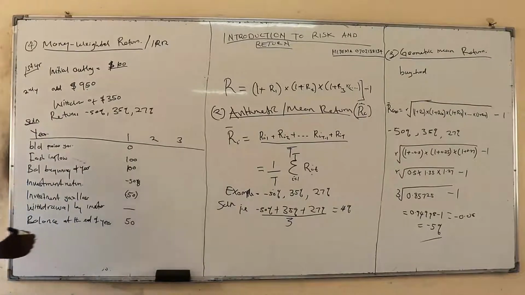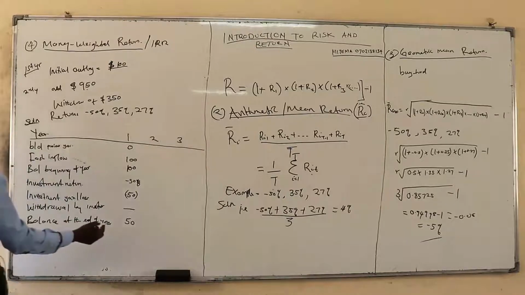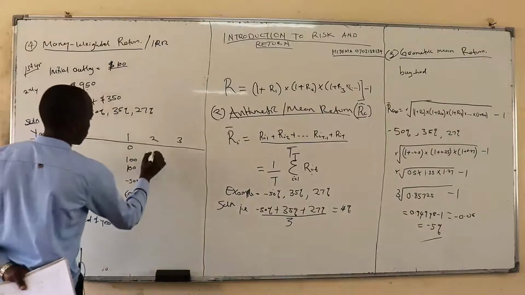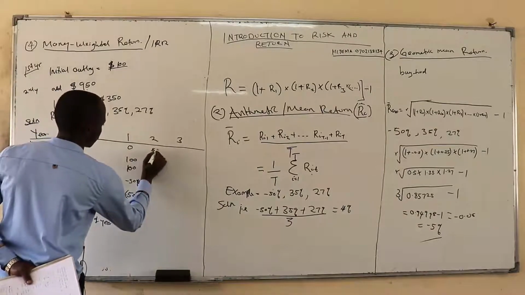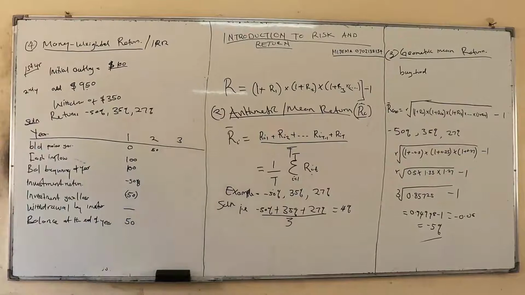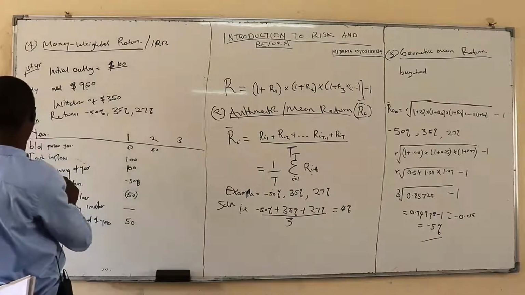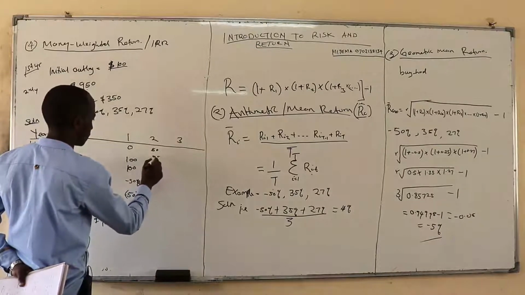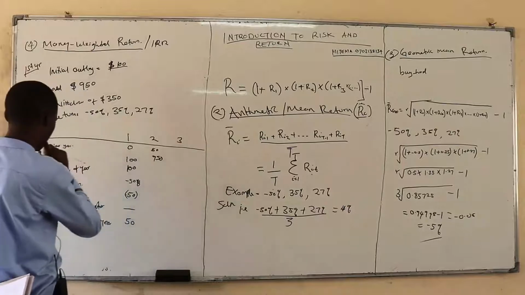When we move to the second year, this 50 will be the balance of the previous year. So here it will be 50. And then the cash inflow: we are told in our question that in the second year he added another $950. So the cash inflow is 950 for the second year.